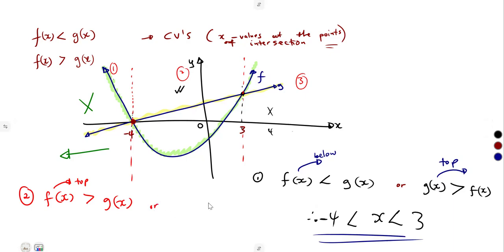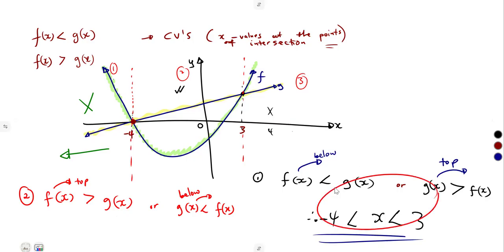Or it can be written the other way: g of x is less than f of x. It simply means one and the same. Where g of x is below, since we are saying it's less than, it's below f of x.